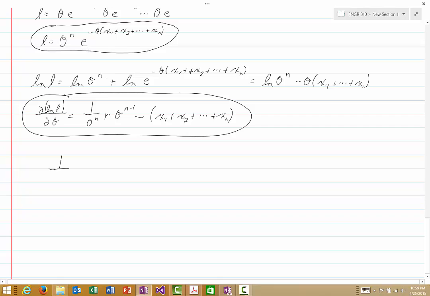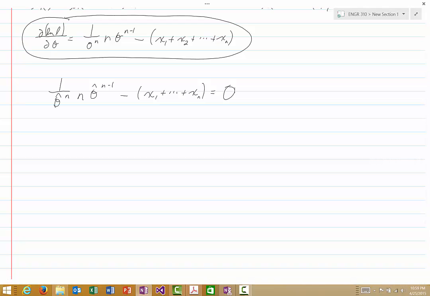So we have 1 over theta hat to the nth power times n times theta hat to the n minus 1 power minus x1 plus dot dot dot plus xn, and that is now equal to 0 since we're evaluating theta at theta hat.